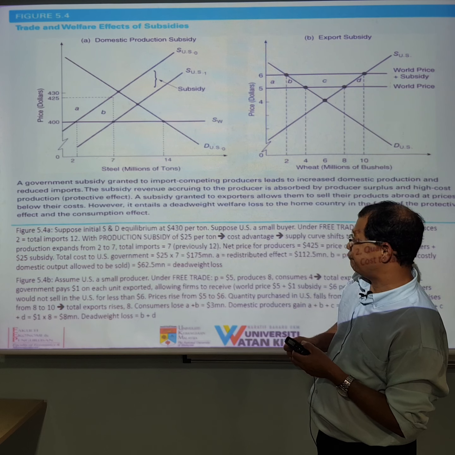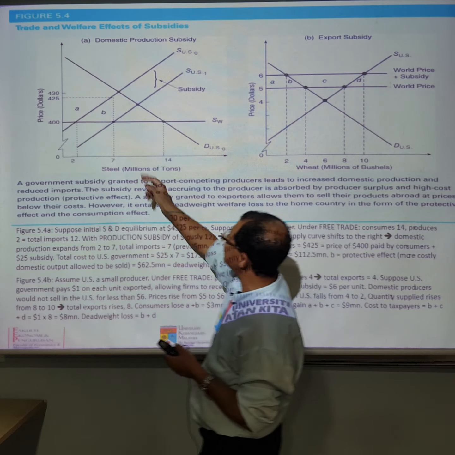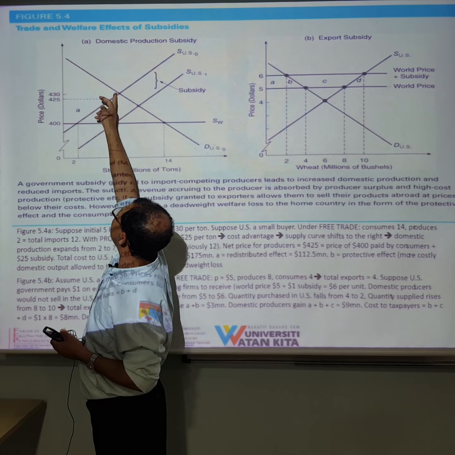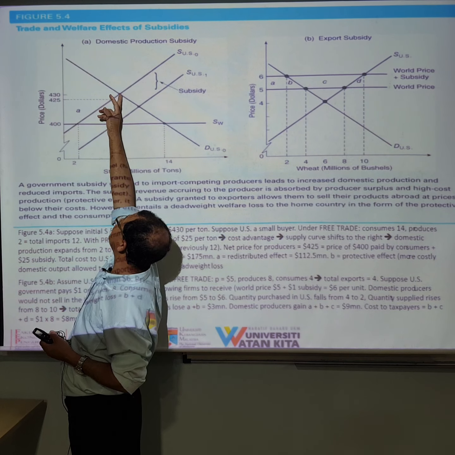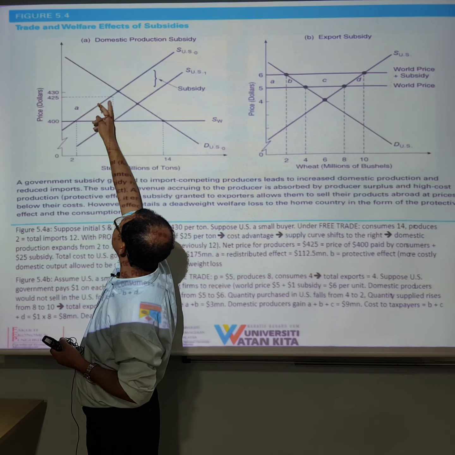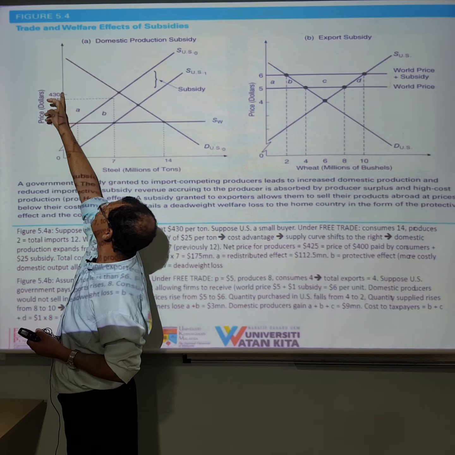Suppose the initial supply and demand equilibrium is 430. Equilibrium here is 430. This is the equilibrium of supply and demand in the United States. This is autarky.